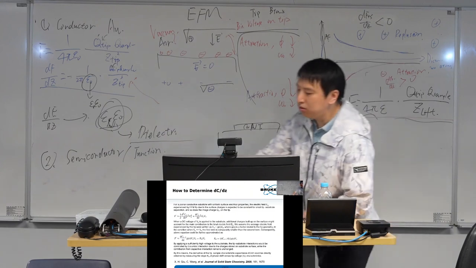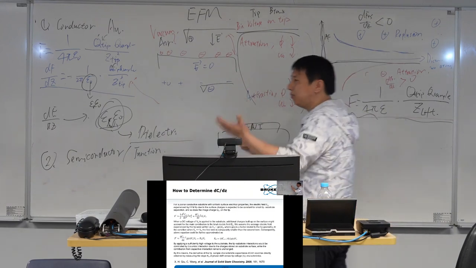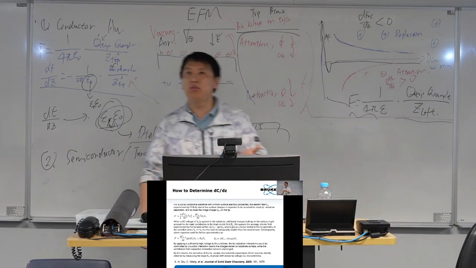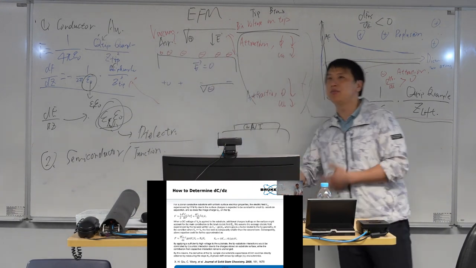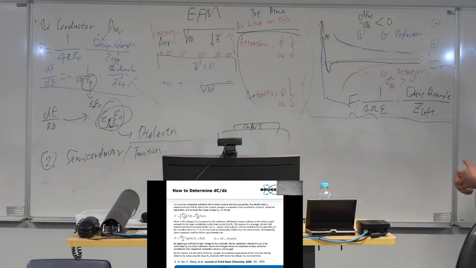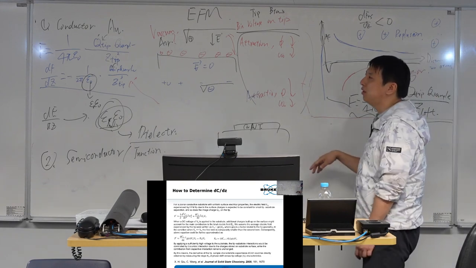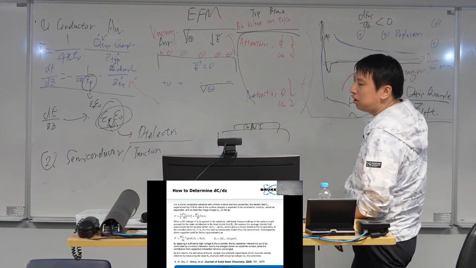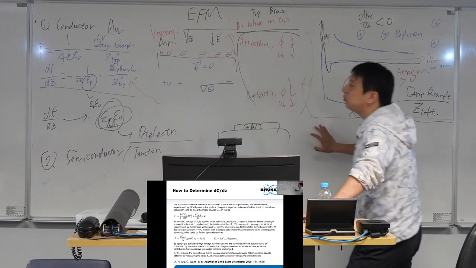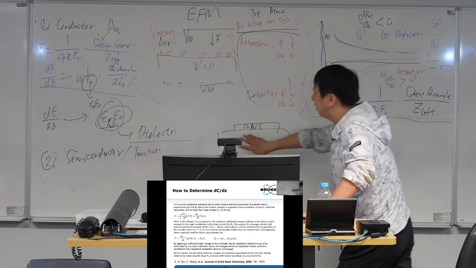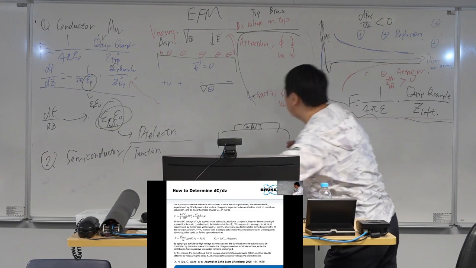For carbon nanotubes, we have two kinds. One carbon nanotube is more like a conductor; we call it metal-like carbon nanotube. And we have another one, which is more like a semiconductor; we call it semiconducting carbon nanotube. So how do we distinguish these two kinds of carbon nanotubes?